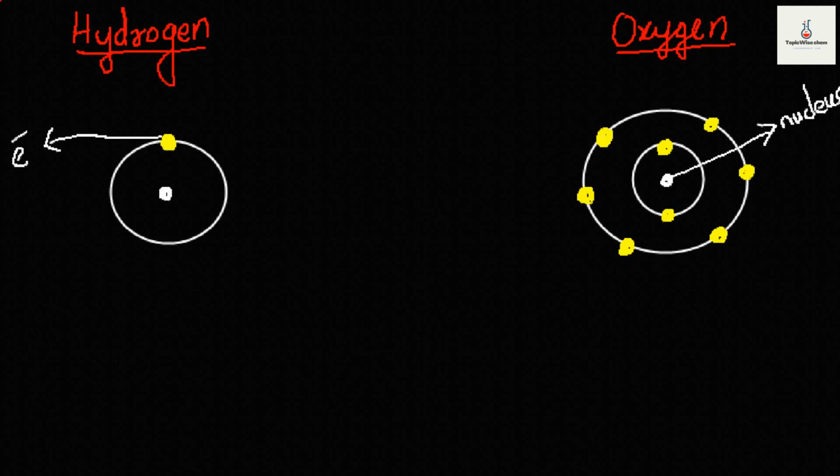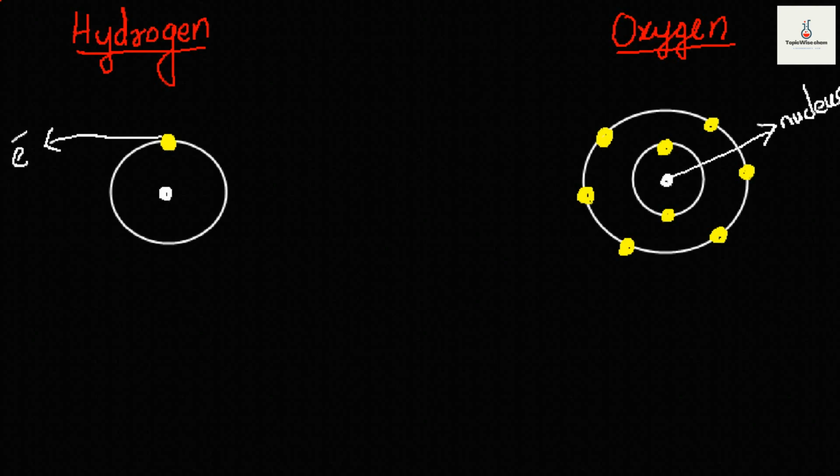If you observe this hydrogen atom, the diagram on the left, the center of this atom, marked as a small white dot, is the nucleus of this atom. It consists of protons and neutrons. The combination of proton and neutron gives us a complete nucleus.